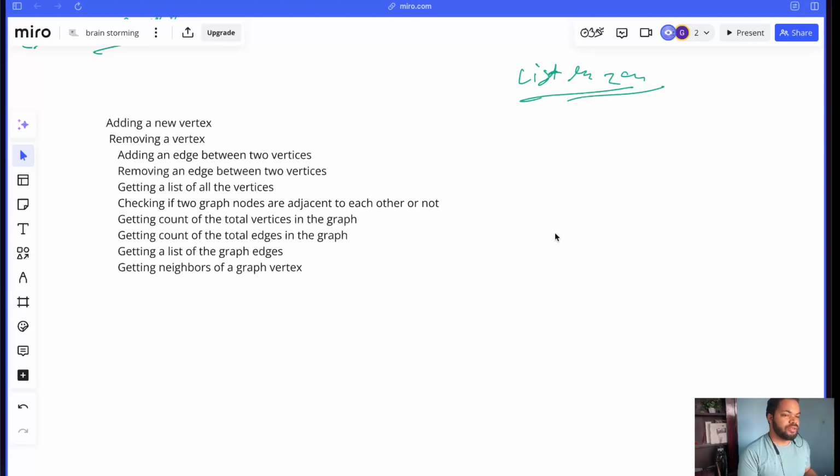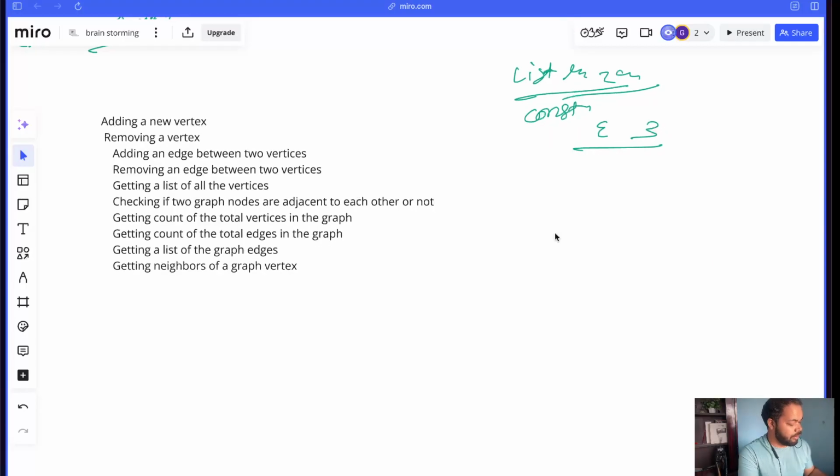Now adding a new vertex is quite simple. First of all, how are we going to initialize it? Because the list will be a map of the nodes, and vertices can be easily searched. So we will create a map in the constructor.